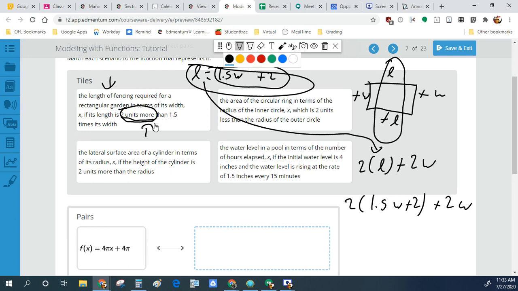So all I did there was, let me get my highlighter out. This, I replaced it with this. Everything else is the same. The 2 is still there. The 2W is still there.